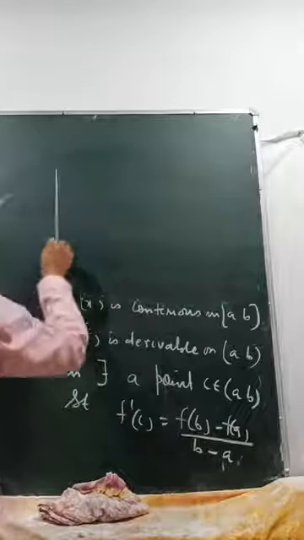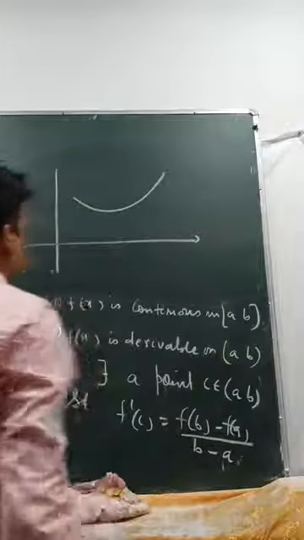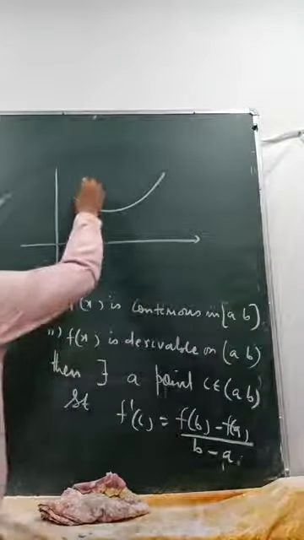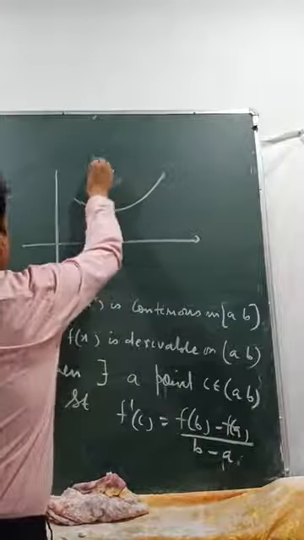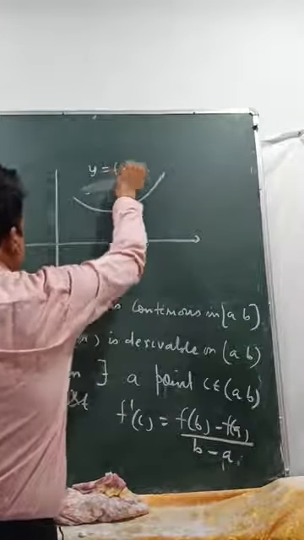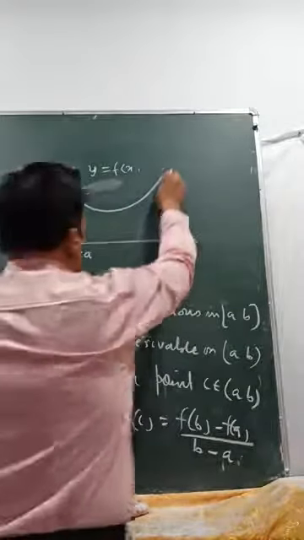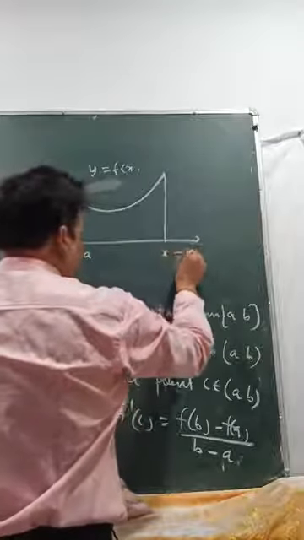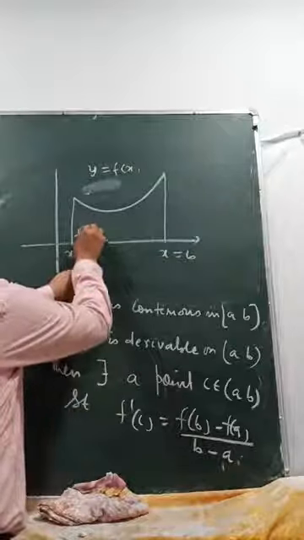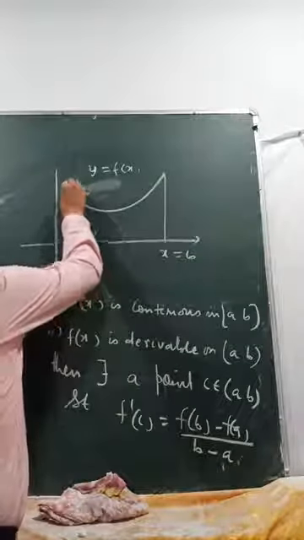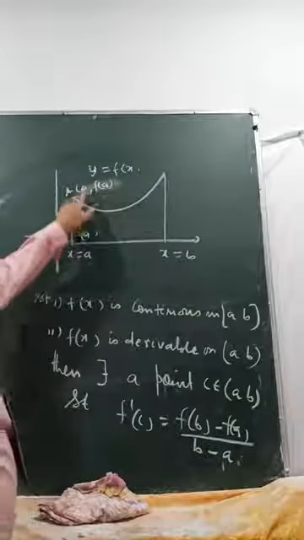Okay, see the graph of this. Suppose y equals f(x). If I drop here, this is x equals a, this is x equals b. If this is a, this is your f(x), that means this coordinate is a, f(a).